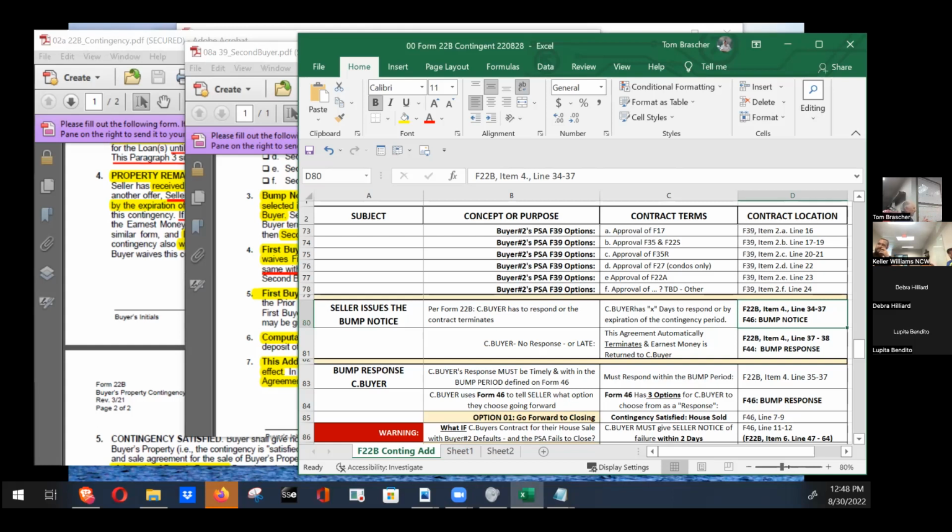You've got a title addendum, you've got a Form 17, you've got an inspection. So you have quite a few tools that you have until they all expire. And once you go past that point, you're in a contract to fulfill going forward. Now, if 45 days happens and you don't have a mutual, then it's automatically terminated.